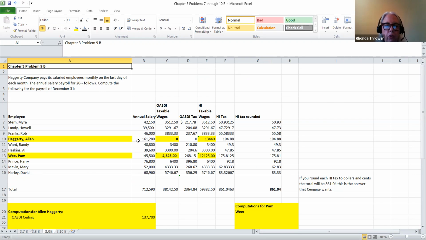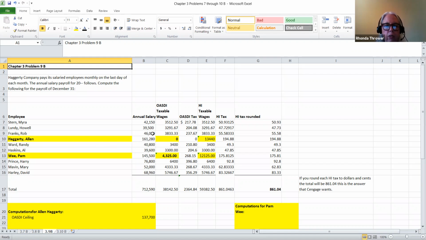Notice that there are two employees that go over the OASDI taxable base, and they're going to be Alan Haggerty and Pam Wee. That's why I've got them highlighted, because they're going to go over the 137,700 OASDI ceiling. And so we'll have to be careful when we're calculating these two employees' taxes.